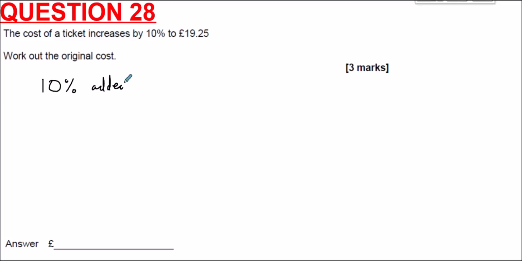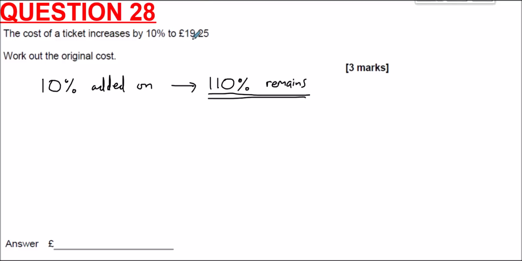But remember, we always start with 100%, and so if we add on 10%, 110% is the final value. And so the increase represents 110% of the price.